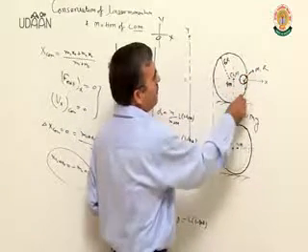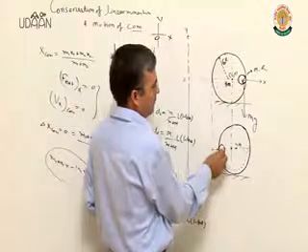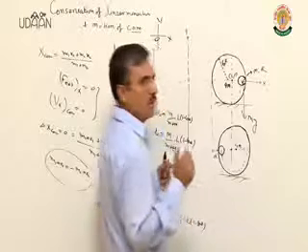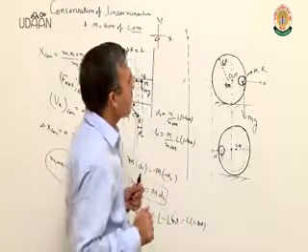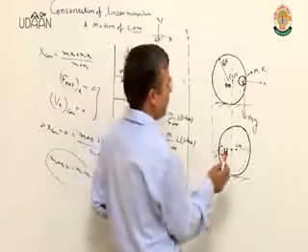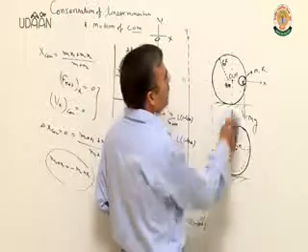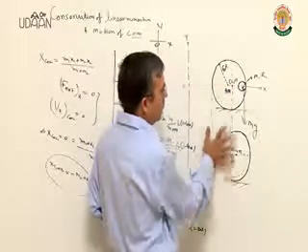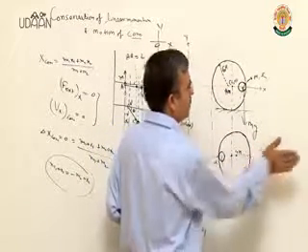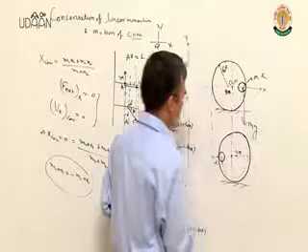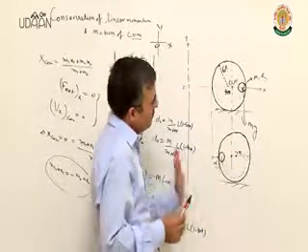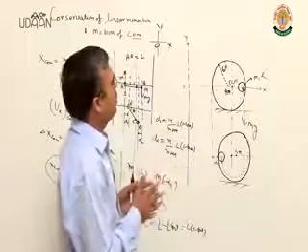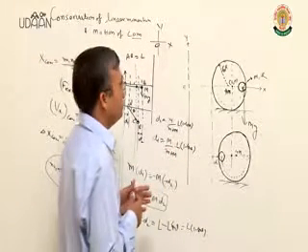When this sphere comes to that side, it will rise up to the same height because of conservation of mechanical energy. Clear? Okay. When this sphere comes to that position, then the bigger sphere shifts in x direction. I want to find out how much distance the bigger sphere is shifting in x direction.